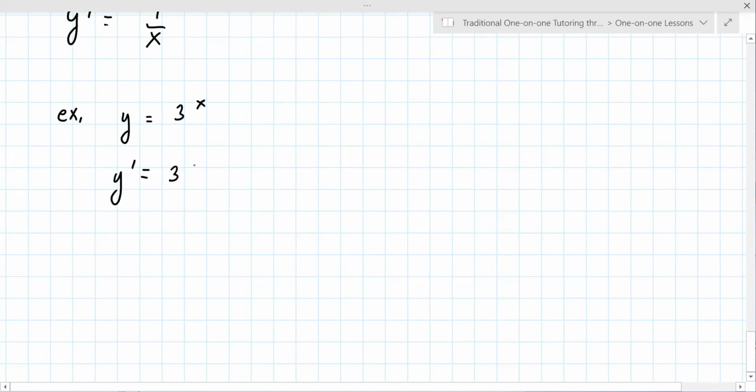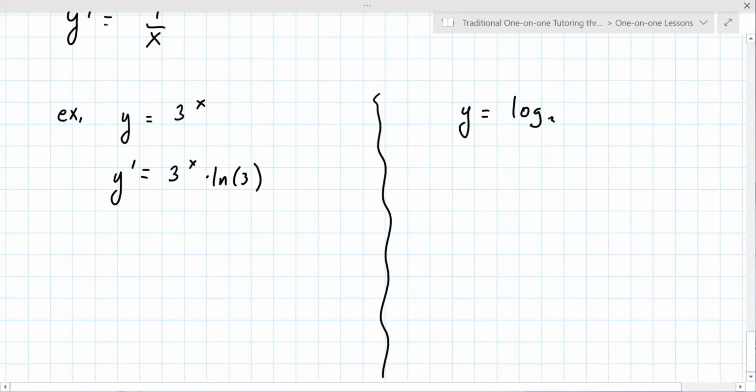It's 3 to the x times ln 3. Yes. Now over here on the right, we're going to do the logarithm. Let's say it's log base 3 of x. The derivative is 1 over x times natural log of 3.